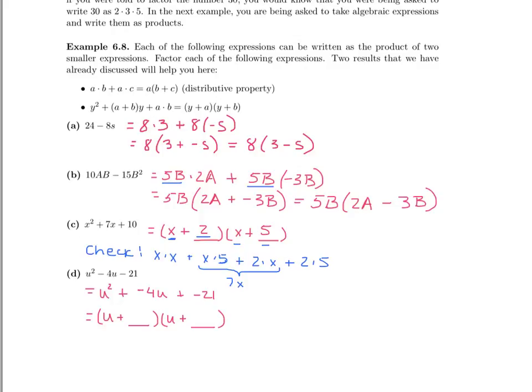We know that if we multiply these two numbers together, we should get a negative 21, and if we add these two numbers together, we should get a negative 4. Can you think of two such numbers? Well, negative 7 and 3 should work. So let's try it. Negative 7 and 3. Notice if you multiply them, you get a negative 21, and if you add them, you get a negative 4.